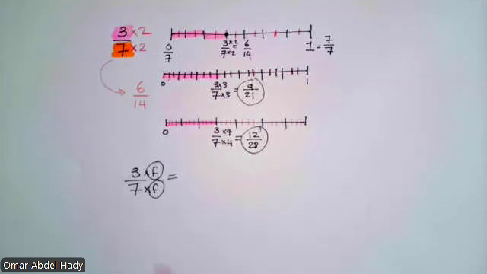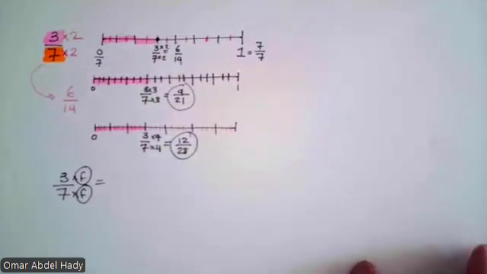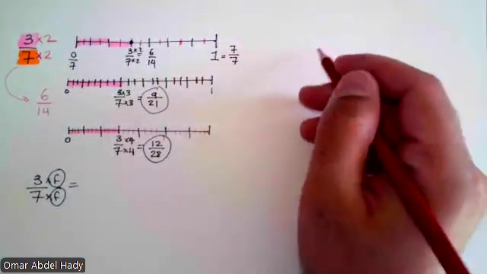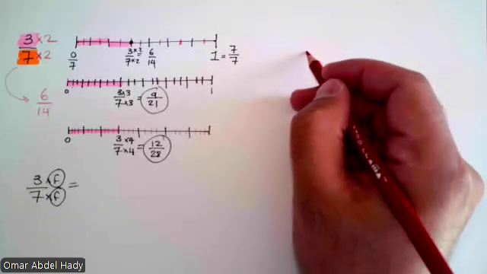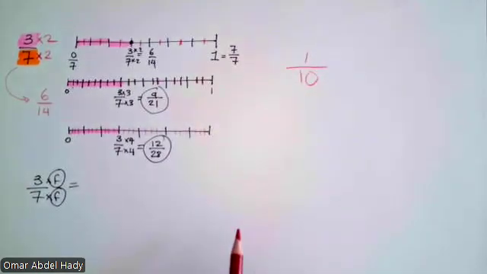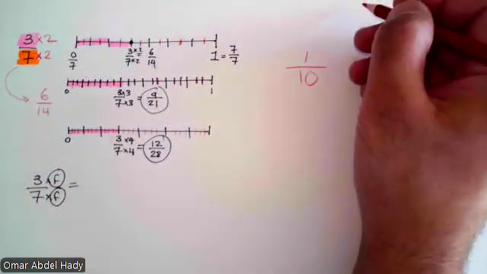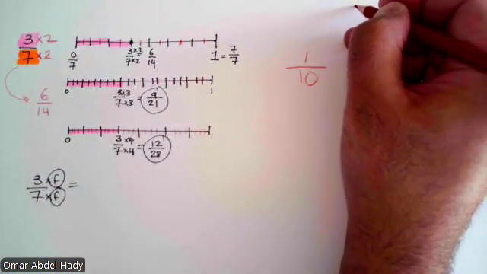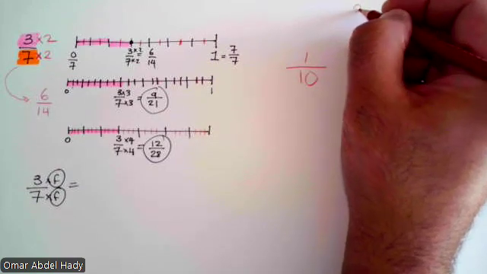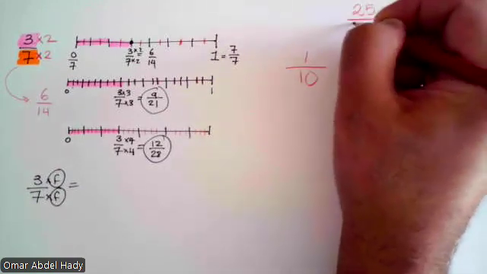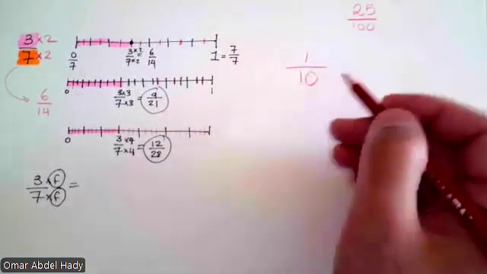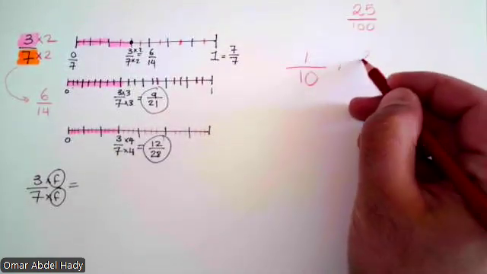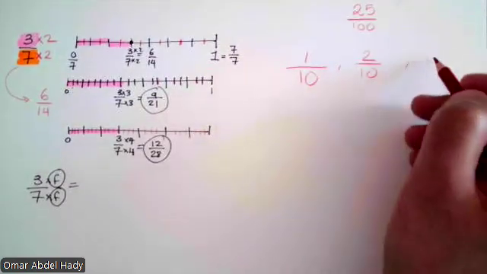I'm looking at number 2. Don't get intimidated by number 2. It is the same concept. You have some fractions that are made of tenths, like 1/10. You want to place, let's say, a fraction that is 25 hundredths. And you have 1/10, 2/10, and 3/10 on a number line.